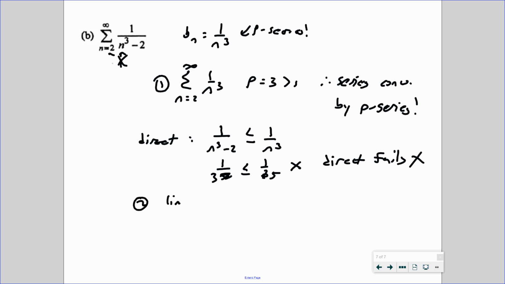And in limit comparison, we just want to see the big picture, looking at that ratio. Is that ratio approaching a number? So we can take the original 1 over n cubed minus 2 divided by 1 over n cubed. And that becomes the limit as n goes to infinity of n cubed over n cubed minus 2, which is, again, 1.